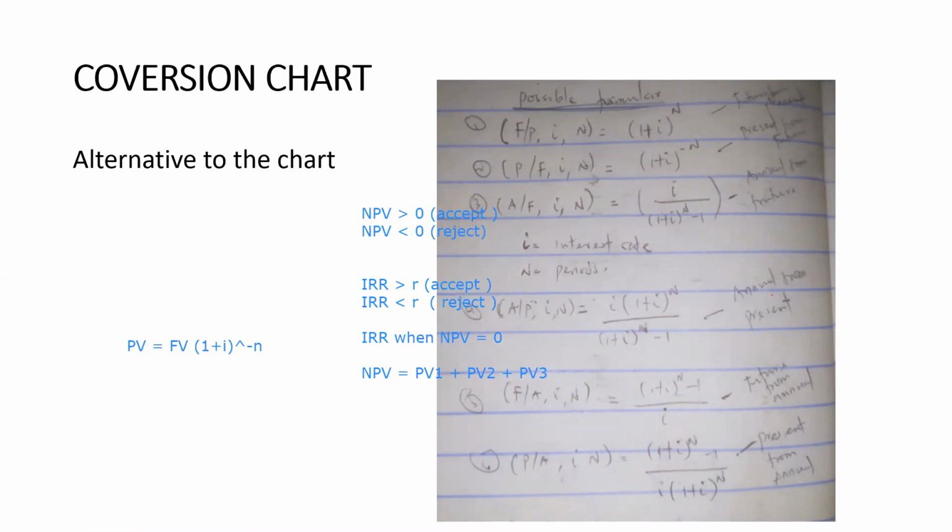But if it's less than zero, you reject. For internal rate of return, whenever it is greater than the minimum acceptable rate, you accept. But if it is less, you reject. So how do you compute that? Let me break it down this way.